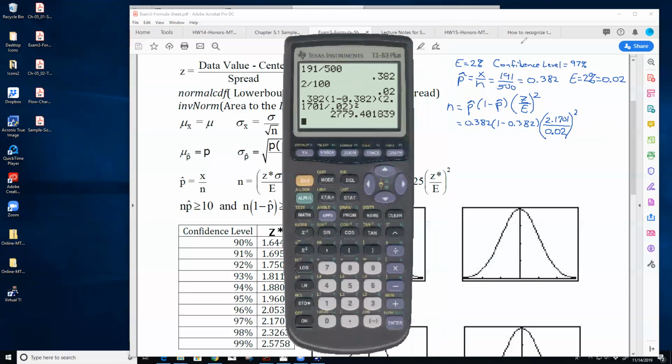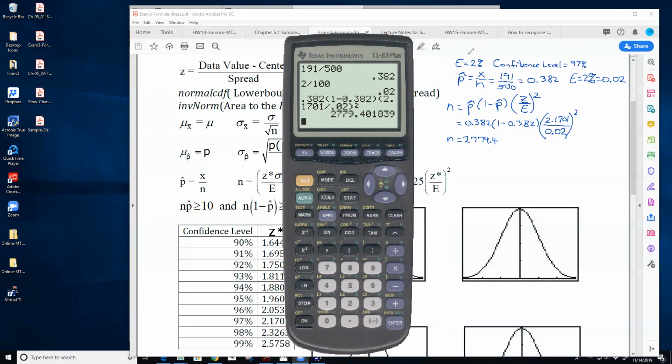Think about what it means. So I go over here, and n is 2779.4. I'll stop there. What this is saying is your sample size has to be at least this big. It's got to be this big or bigger in order to meet these demands. Now, what were my demands?